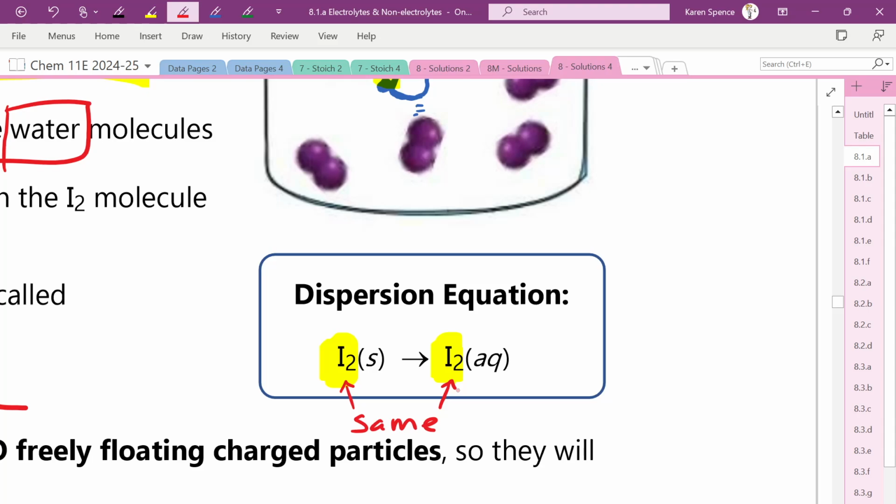So we have these lovely free-floating particles. Are they charged? I2, does it have a charge? No charge. And therefore, this is a non-electrolyte.